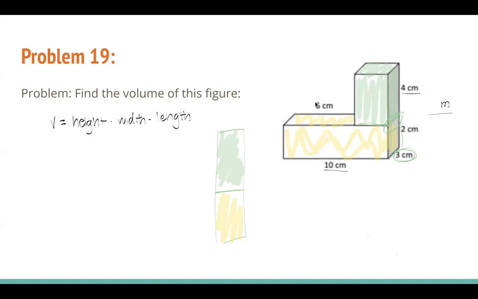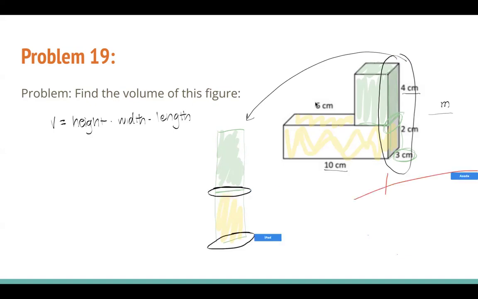If we look at this part only and we draw it like that, it's going to look like this. So we can tell that this side is going to match up with this side because it forms a rectangle, right?